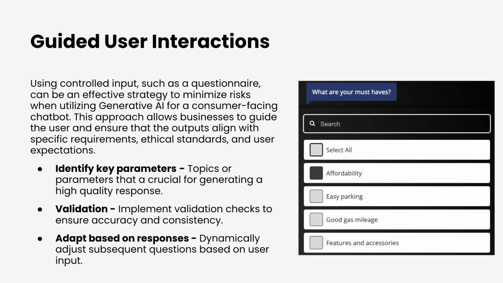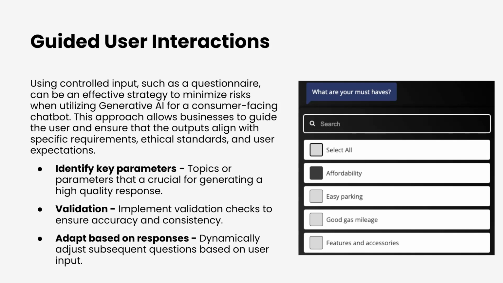So if the goal is, going back to a vehicle recommender, if the goal is to recommend a vehicle, we're able to identify key parameters and create a questionnaire so that we're inputting the correct information or good information for the generative AI model to make a recommendation from.